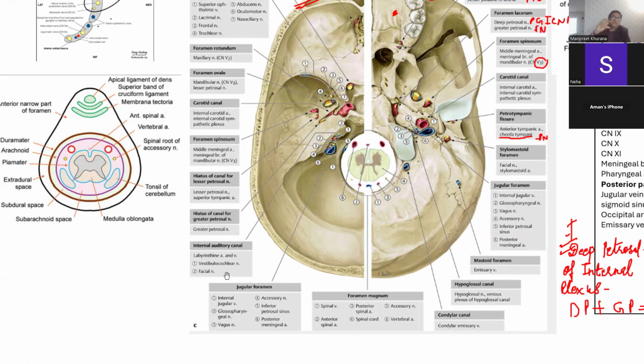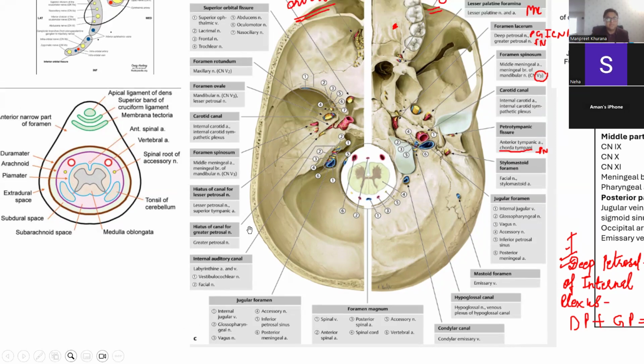There are three openings actually, and out of those, the facial nerve and the vestibulocochlear nerve pass through this internal auditory canal. So there is external auditory canal and internal auditory canal. These are located in the petrous part of the temporal bone. So if you see, this is the petrous part of the temporal bone, and here we have the internal auditory canal. It is more clearly visible in other pictures. I'll show you in a little while.